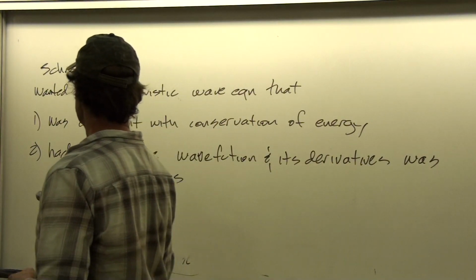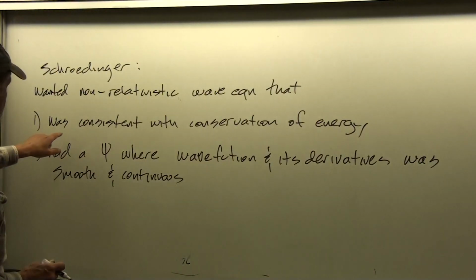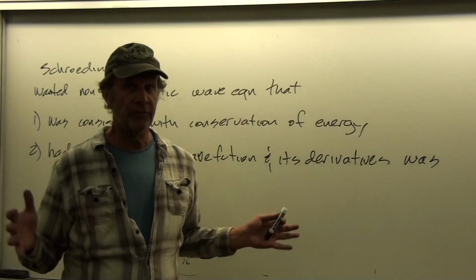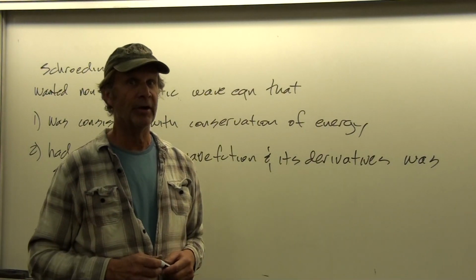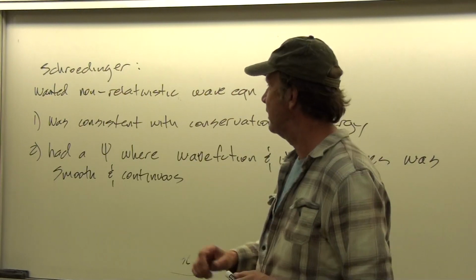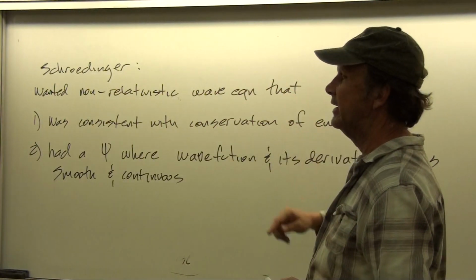But one of his main goals was to find a wave equation that was consistent with the principle of conservation of energy. And for the moment, although this equation was generalized to quantum field theory by making it consistent with relativity later on, at first he was just interested in a non-relativistic wave equation.